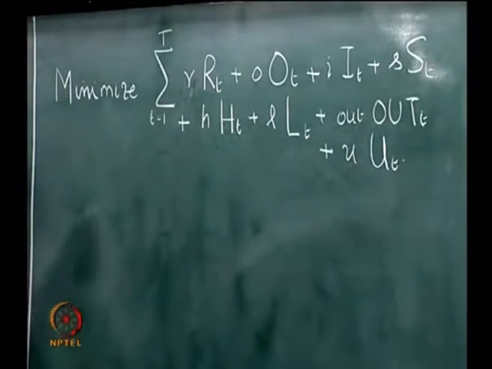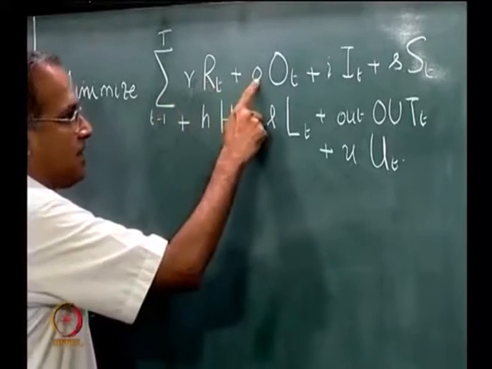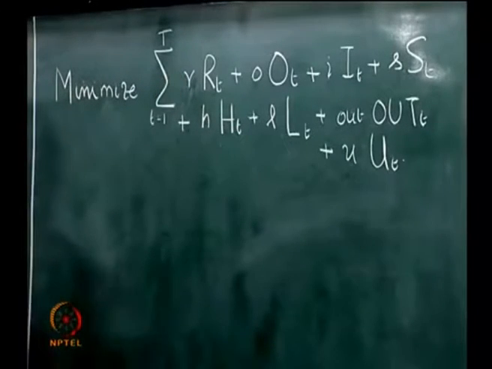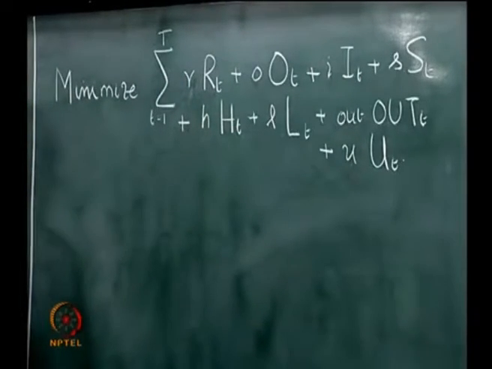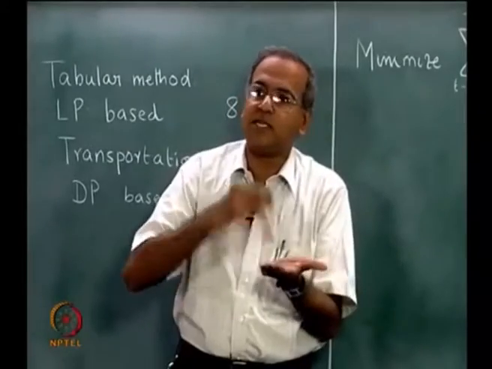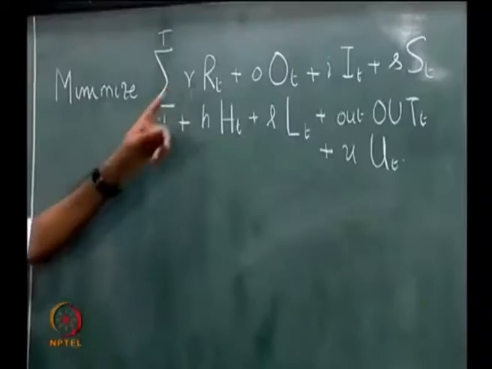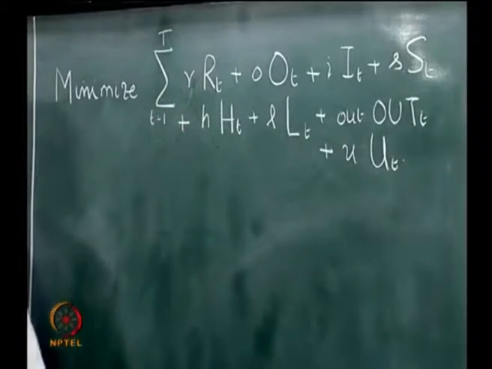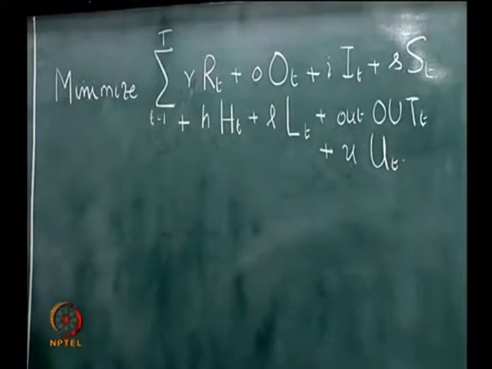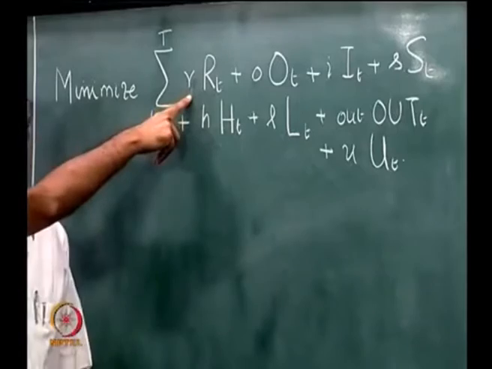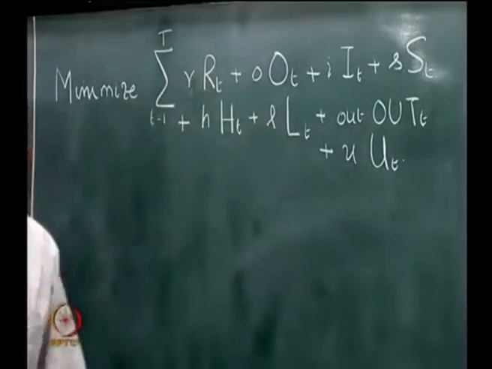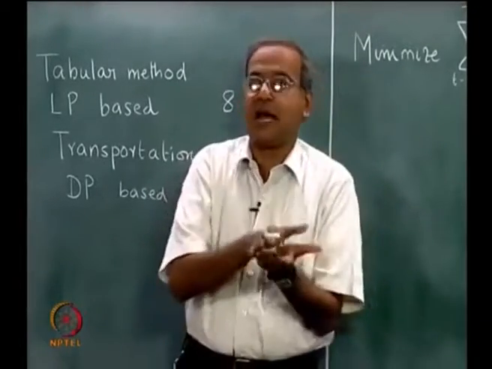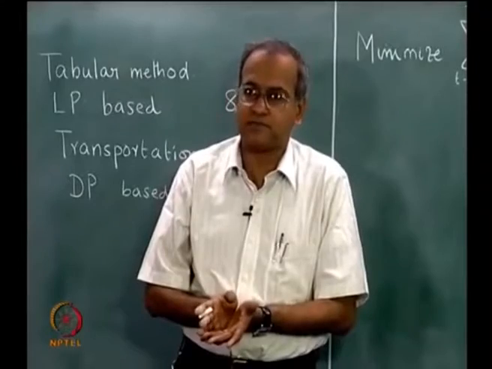But then, when we computed this R and O and I and S, if in reality this R had a fixed component and a variable component, but for the purpose of computation and for the ease of computation, we have simply used one particular R which represents that R0 plus R1, then it is likely that there could be an error in the computation of R, and then the linear programming solution can sometimes give even a higher cost than what is actually incurred by the organization.